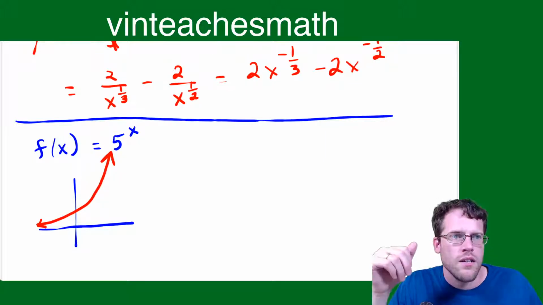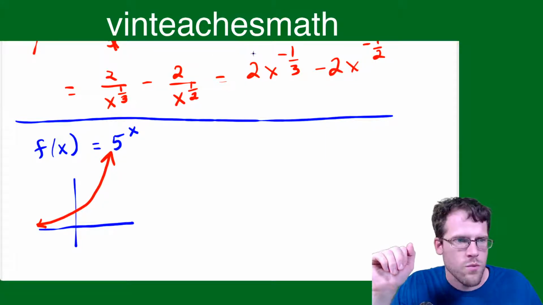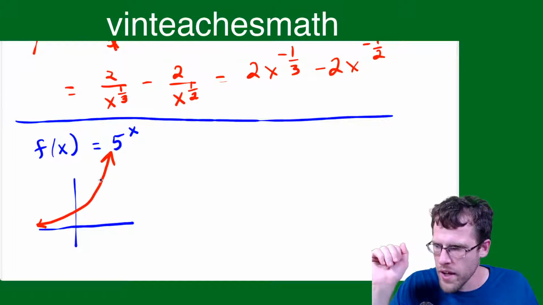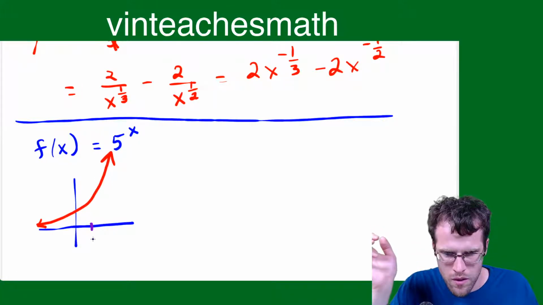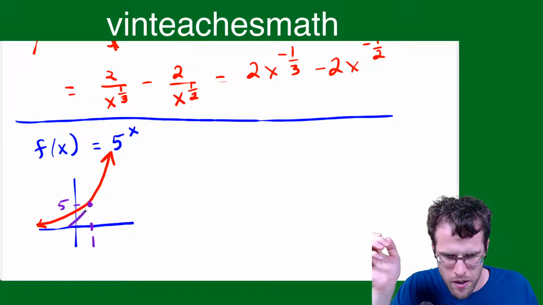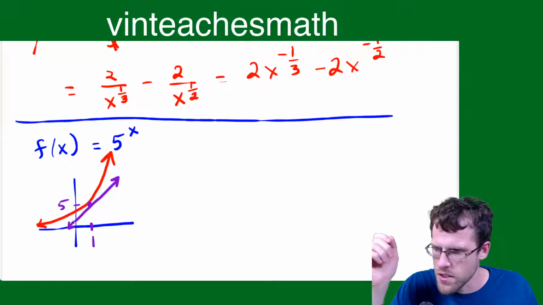And for this one, what we have is we're in the neighborhood of x equals 1. So we know here that the point is here, but I'm going to draw in the tangent line. I believe this question uses ideas of tangent lines.